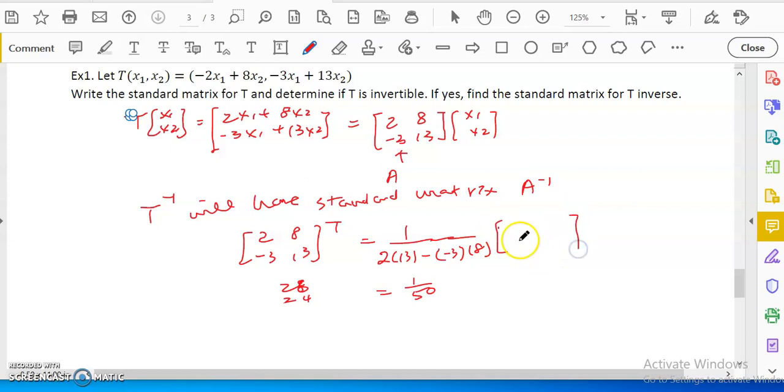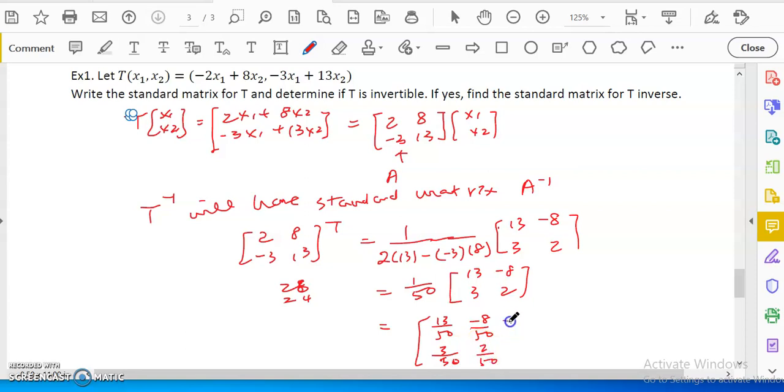And then the matrix itself is: switch the diagonal and negate the other diagonal. So it will be 13, negative 8, 3, 2. Okay, so this is the inverse. If you multiply it out, it will be like this, so this is 3 over 50 and also 2 over 50. So this is the standard matrix for T inverse.